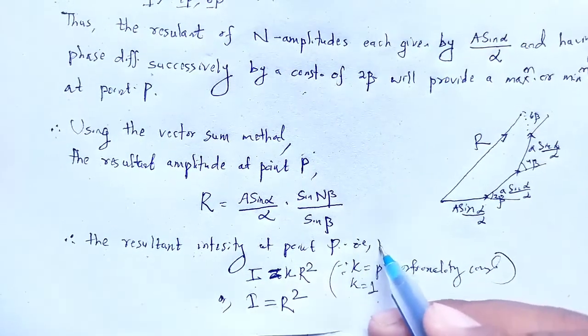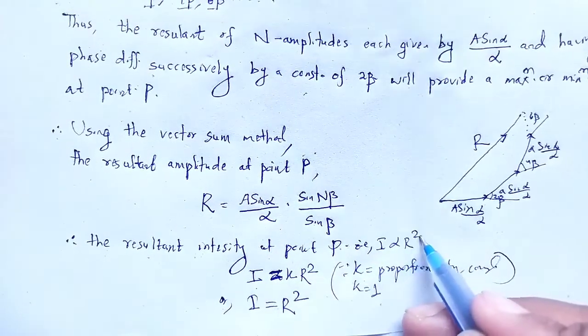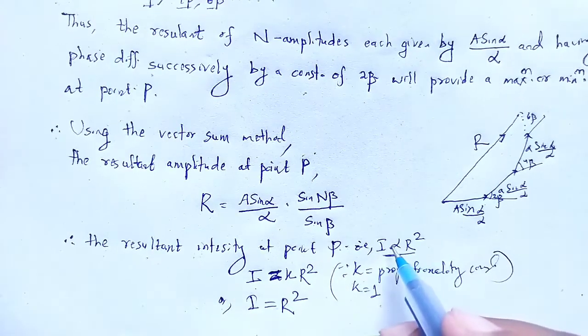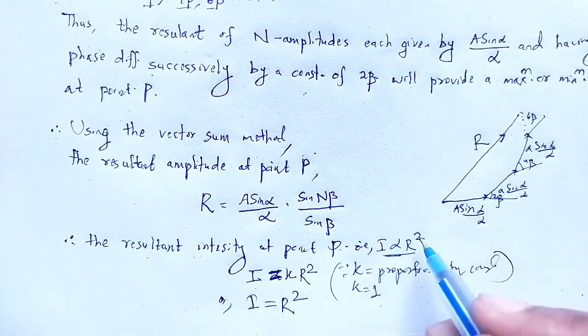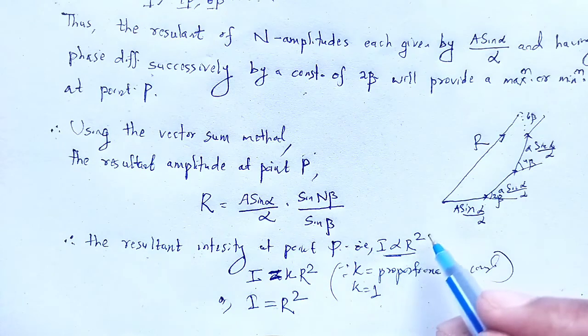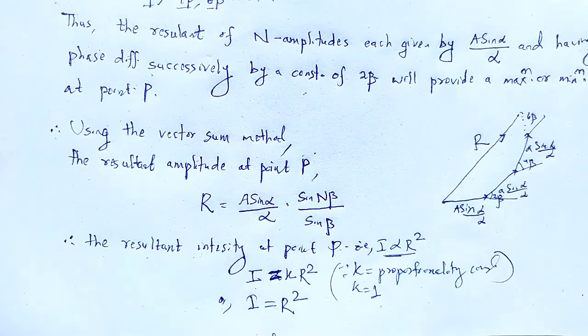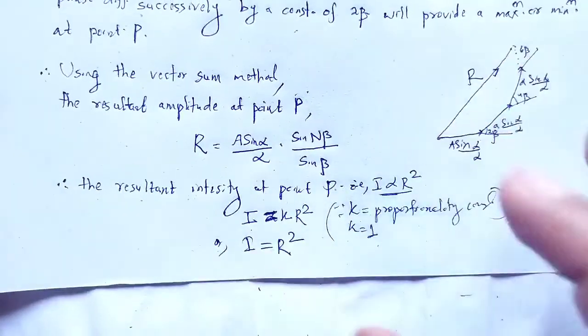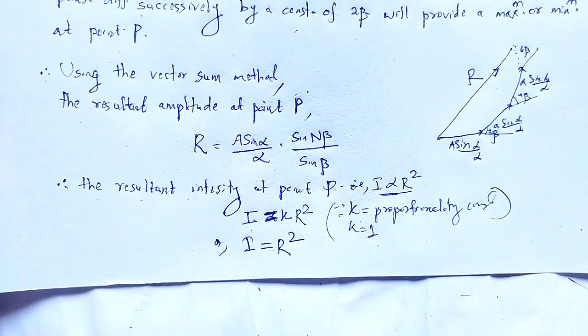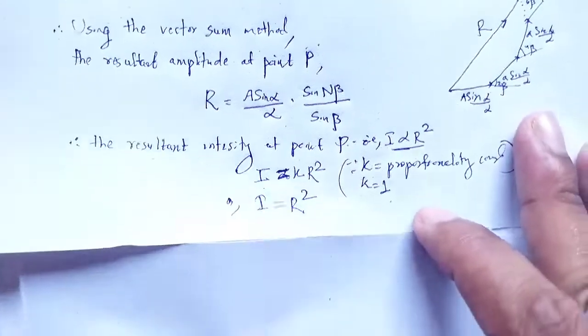As we know, I is directly proportional to r square, intensity is directly proportional to the square of the amplitude. Now, we put the values.